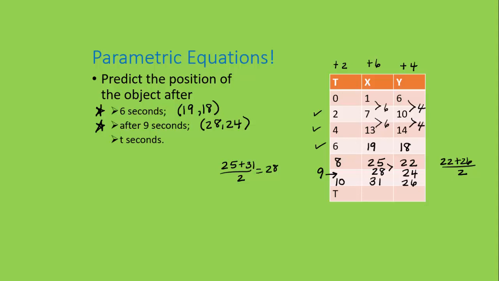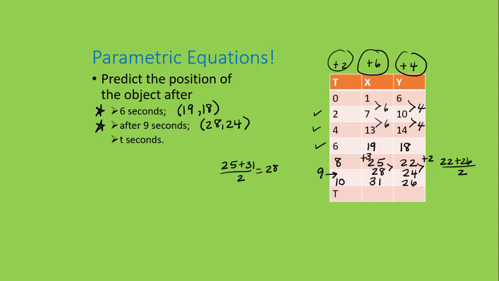It's a difference of 3, right? So we're increasing by 3 in the x direction every time. And what's the difference here? Just 2. And that makes sense because those are half of these numbers, because I'm looking at 1 second instead of 2. So every time t increases by 1, x is going to increase by 3.